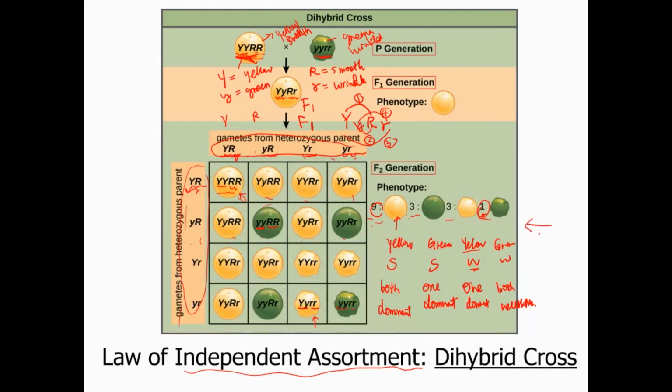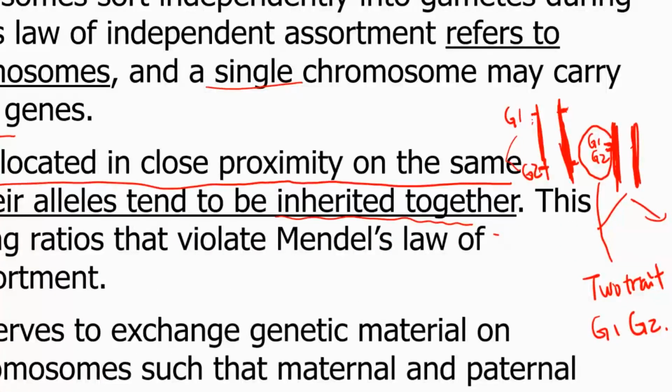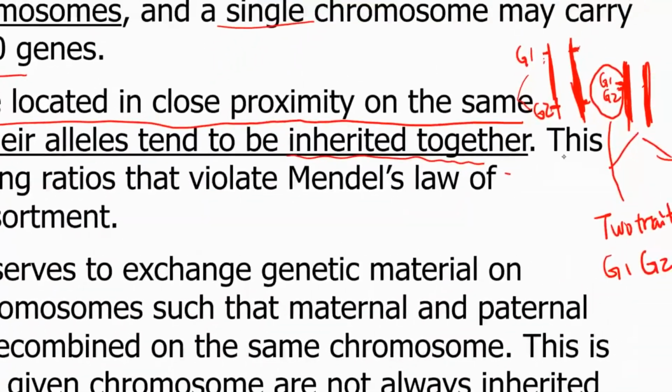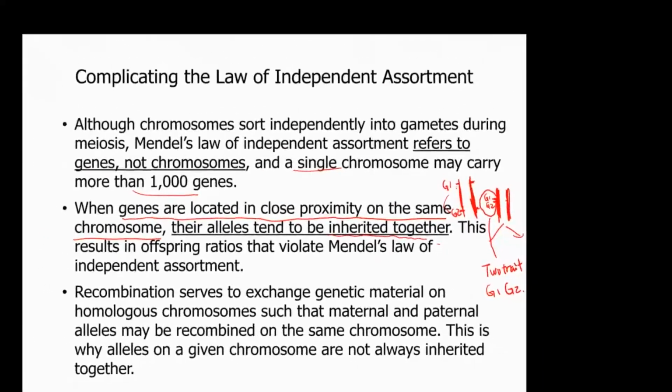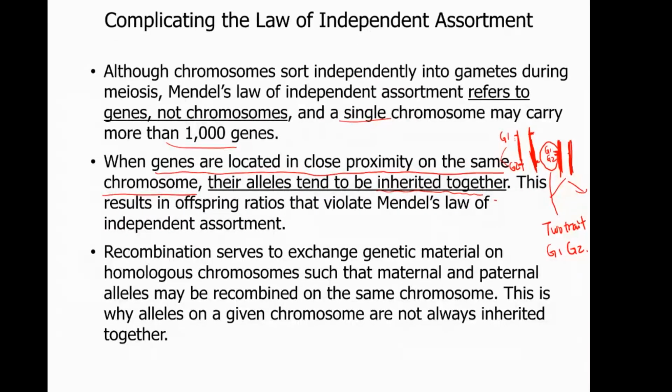Instead of a 9 to 3 to 3 to 1 ratio, you may see a very different ratio because these two genes tend to link with each other when they're distributed into gametes. They like to stay with each other. They don't like to be separated based on the rule of independent assortment.